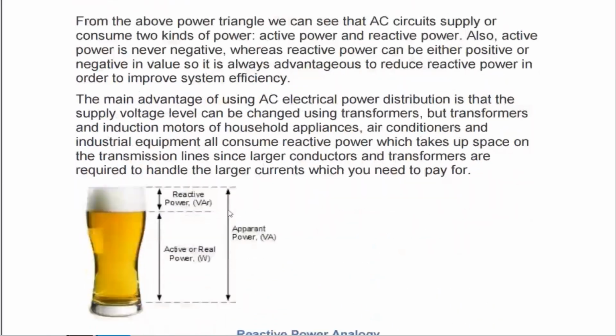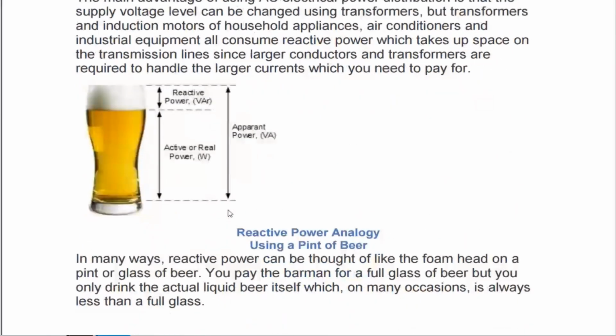So how can we better understand the relationship of active power, reactive power, and apparent power? It has been represented here with a glass of beer, which is partially empty.